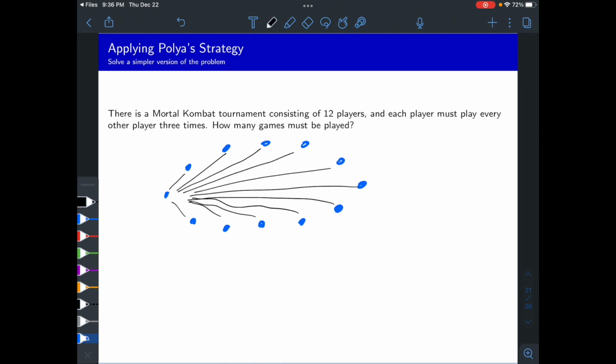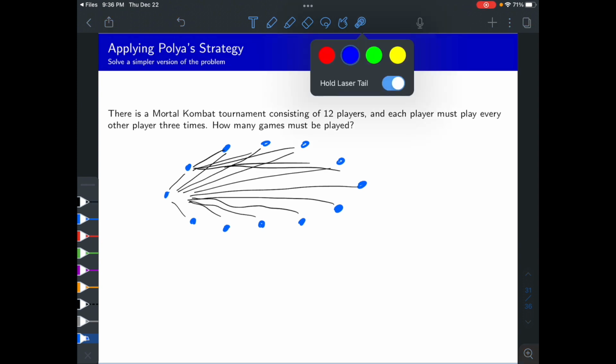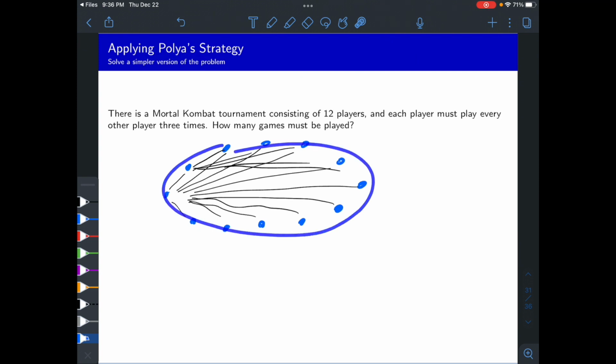Then you have to do that for player 2 as well: player 2 plays this guy, and this guy, and this guy. You can keep doing this, but very quickly you can see that this diagram is going to get super, super complicated, right?